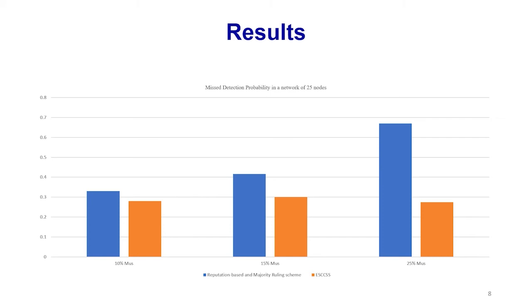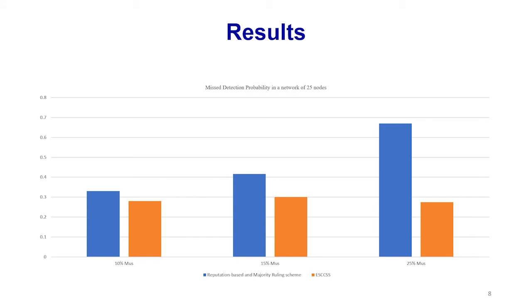As you can see on the graph, as the number of malicious users increases in the network, the misdetection probability increases for the reputation-based and majority ruling scheme.